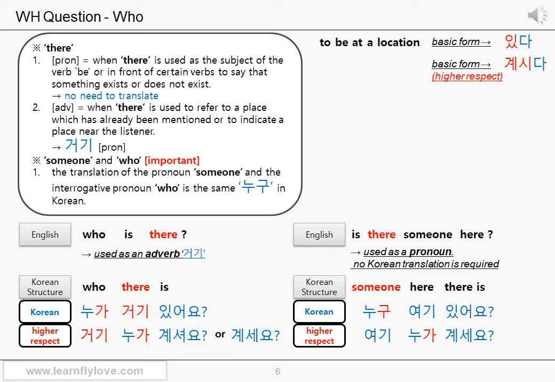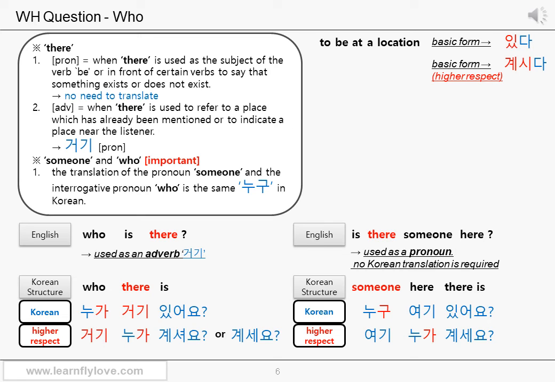In this sentence, there is used as a pronoun, not an adverb. Therefore, we can't translate this there, because the entire there is part will be translated into the predicate, the verb 있다, 있어요, okay?